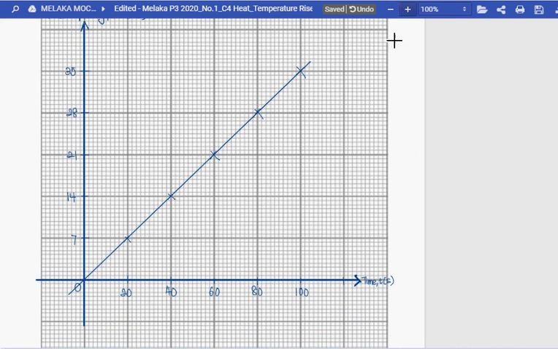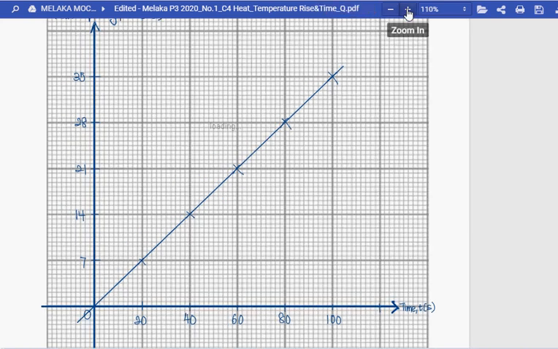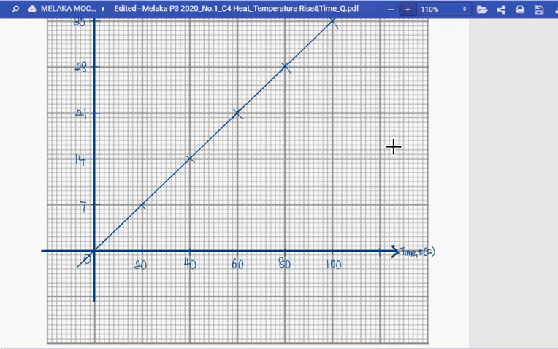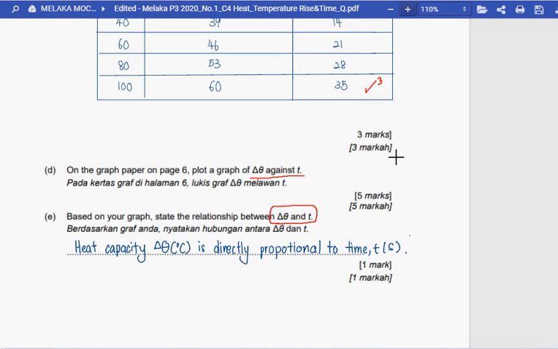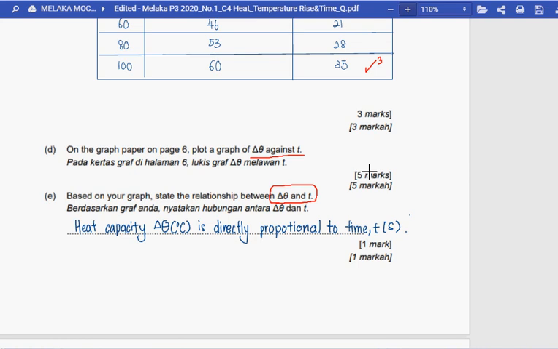Maybe we look at the axis first. For the graph, normally the marks are 5 marks, and there will be 7 ticks in the graph. The first tick will be for the name of the axis, the label for the axis.